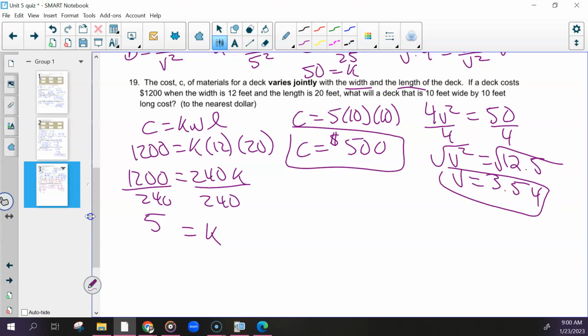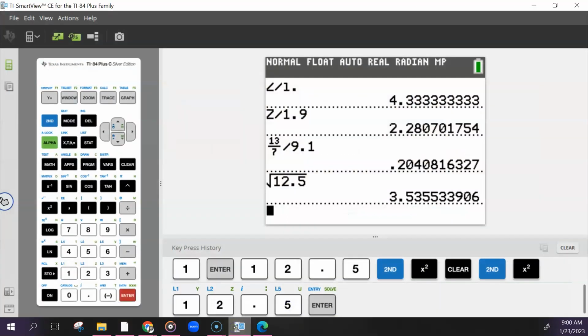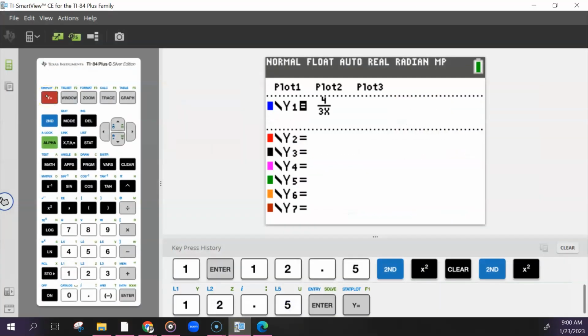Yes, Addison. For number 1, how would you do the graphing to figure this out? For which one? Y equals X over 2. Okay. So in your y equals, figure out whatever's there. If it's a fraction, do your alpha y equals to get your fraction.